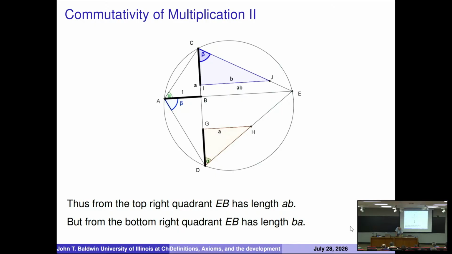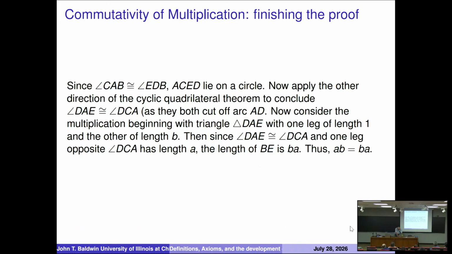If you multiply up here, you get that EB is A times B, and if you multiply the other way, you get BA. And so that's a geometric proof of the commutativity. I'm not going to go through this in detail. I don't think we would get that much out of it.